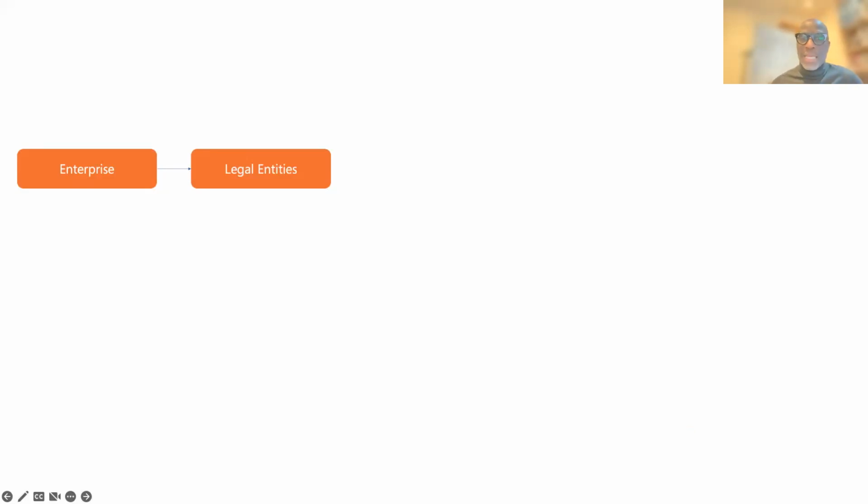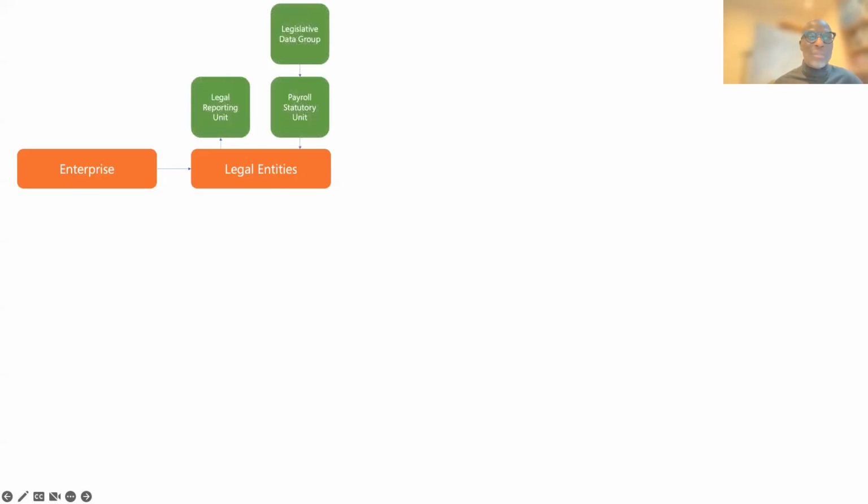So within the Oracle Cloud setup, you will set up a legal entity, and within your legal entity, you have something called a legal reporting unit. And a legal reporting unit, which is called an LRU, represents the part of the enterprise with a specific legal reporting obligation. So think about LRU as a reporting obligation.